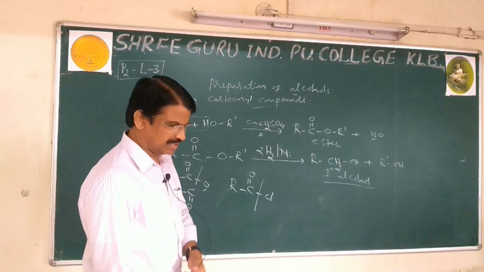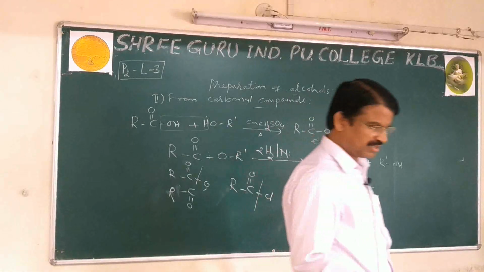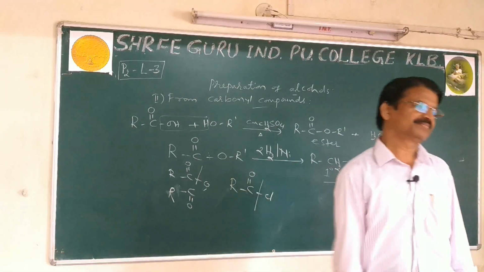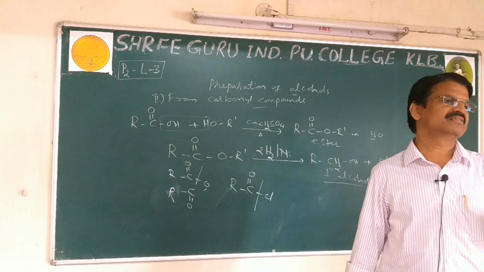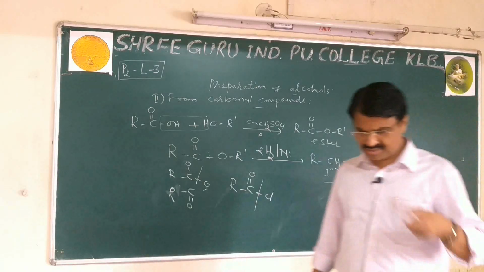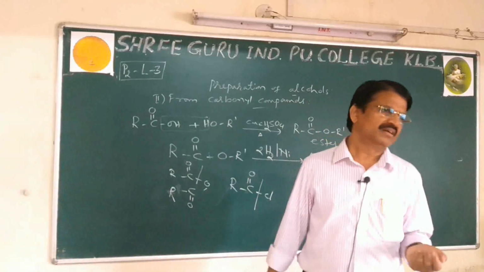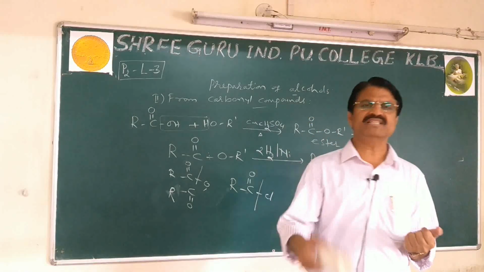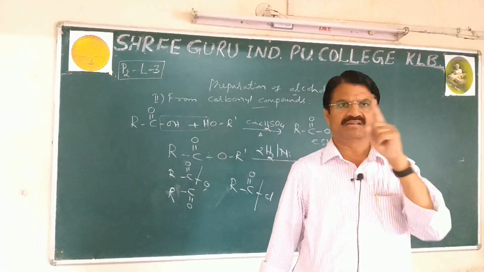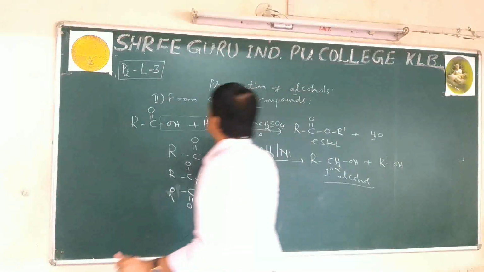Next, one more method, an important method called the Grignard reagent method. By using Grignard reagent, see how to prepare. In the haloalkane topic, there I told how to prepare Grignard reagent and what is Grignard reagent. Definition and preparation we studied in haloalkanes and haloarenes.